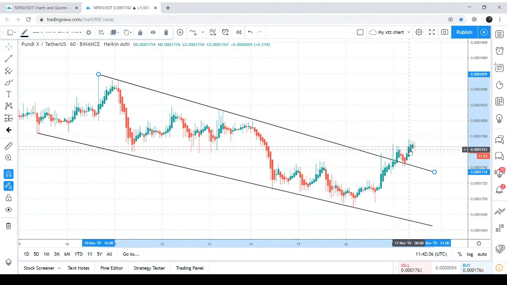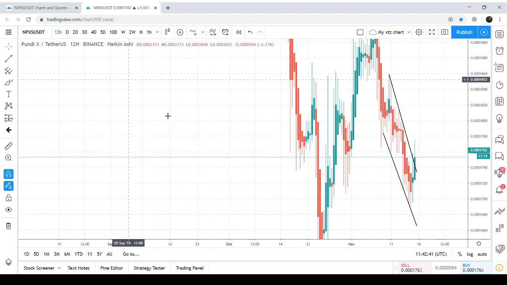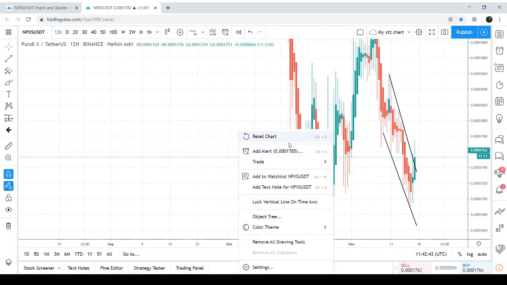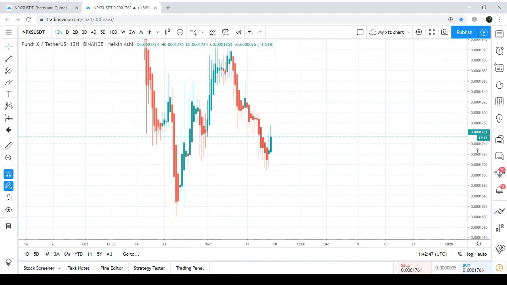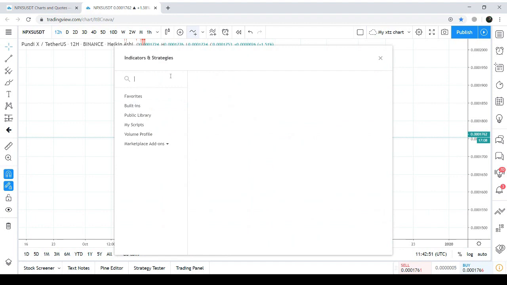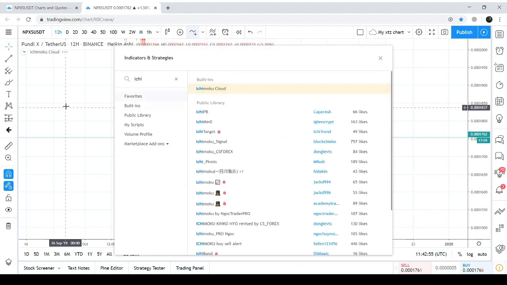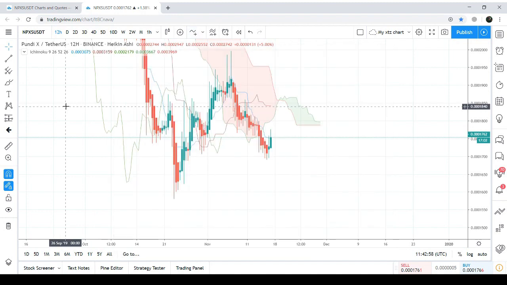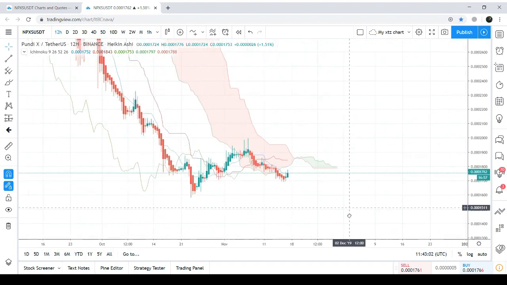Now let's move to a bigger chart, and that is the 12-hour chart. I'm just removing these tools. If we place the Ichimoku cloud on this 12-hour chart, then we can see the cloud has turned bullish.